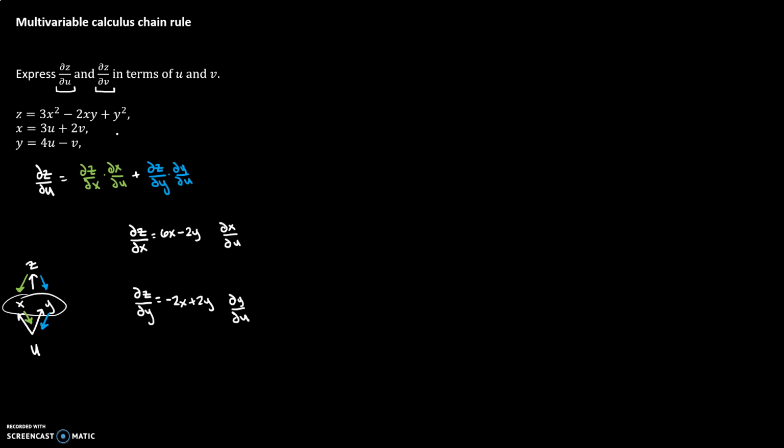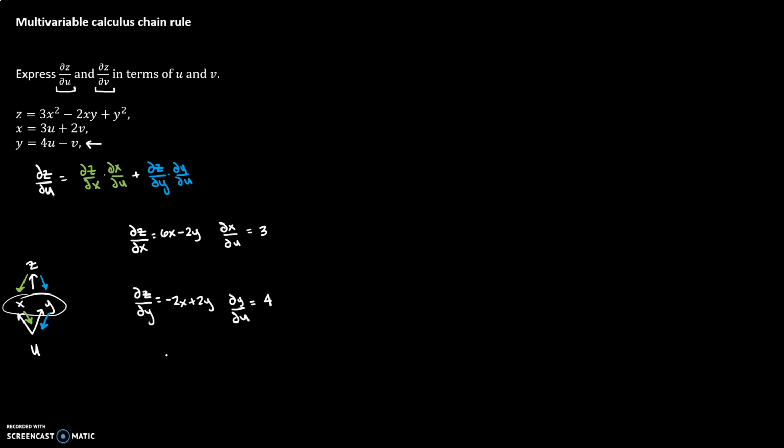Moving down to find the partial of x with respect to u, we look at 3u plus 2v. The partial with respect to u would just be 3. Moving on to the definition for y, we see 4u minus v. The partial with respect to u would just be 4.